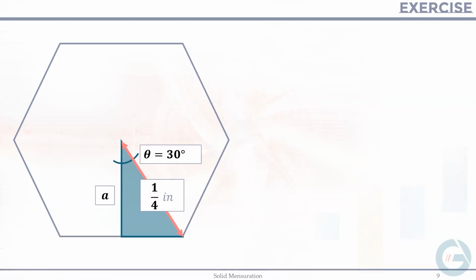Now we can solve for A. We don't need the 1/2 inch length anymore, so let's focus on this right triangle. Theta is 30 degrees, the hypotenuse is 1/4 inch, and A is adjacent to theta, so we can use the trigonometric function cosine.